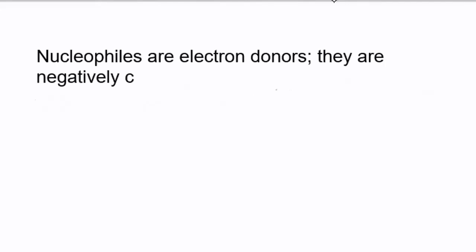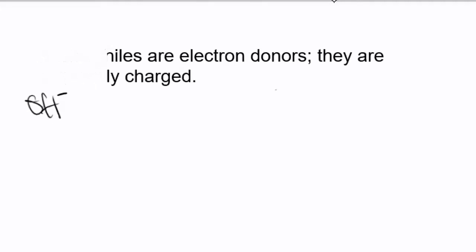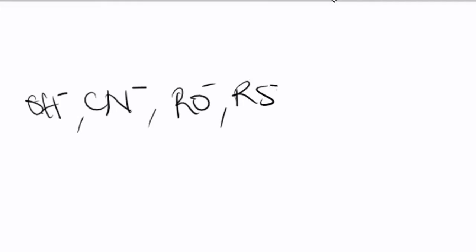On the other hand, nucleophiles are electron donors. Perhaps they are negatively charged. We have the hydroxyl ion, we have CN, we have RO, we have RS, we have CO2.